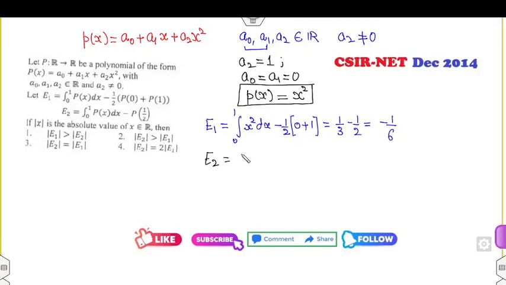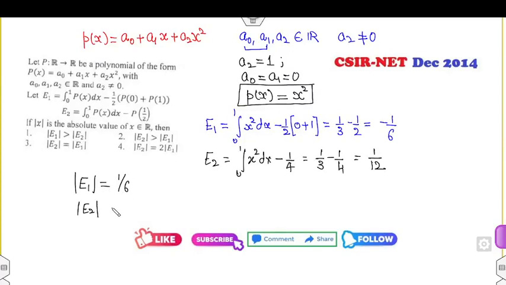Calculate E2, again from 0 to 1, x square minus P of half. P of half is 1 over 4. So 1 over 3 minus 1 over 4, 1 over 12. Now look at the answer. I need the absolute value of E1, 1 over 6. I need the absolute value of E2, that is 1 over 12.